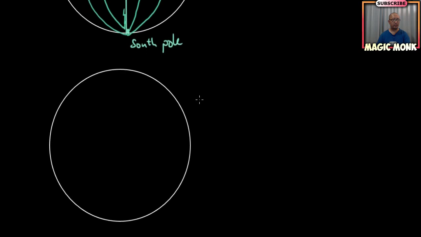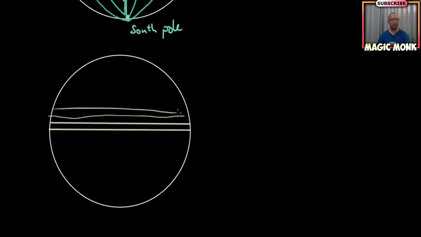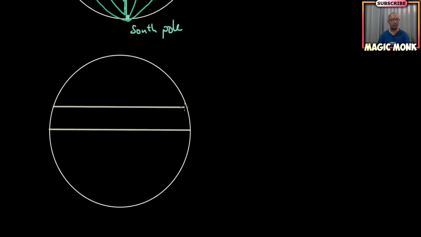If I start from 0 again, and go to 30 degrees north, so 10, 20, 30, let's say about here, 30 degrees north, and then I need 120 degrees east.